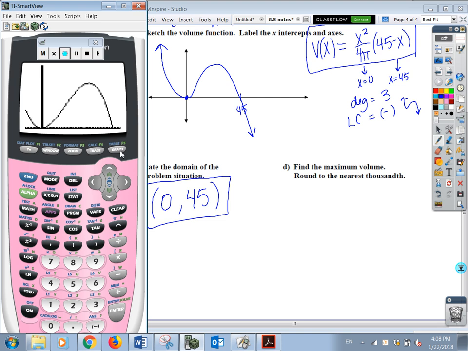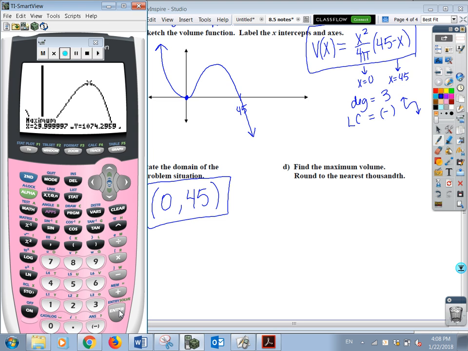All right, so there's our graph. Notice it does look like our sketch. So find the maximum volume. All we care about are the numbers between 0 and 45. So second trace, maximum, we hit 4. Remember, we want to be on the left side of the maximum, then the right side of the maximum, then enter. So what are we looking for?